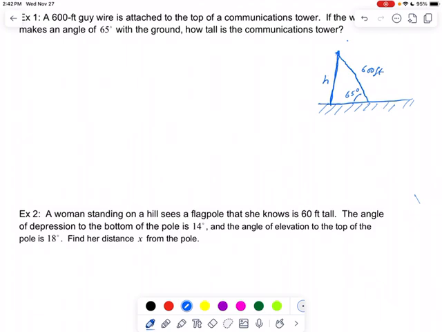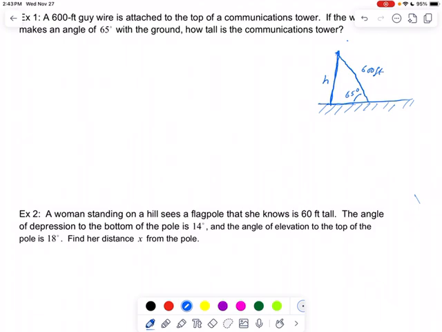Now this is a right triangle in which we know the hypotenuse, which is 600, and we know this angle at 65 degrees, and then we have to find the opposite of the 65 degree angle, so the length of the opposite side. That's what we need to find.